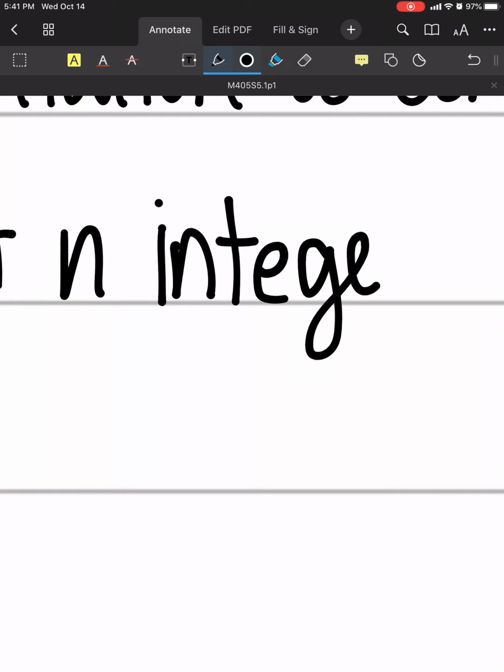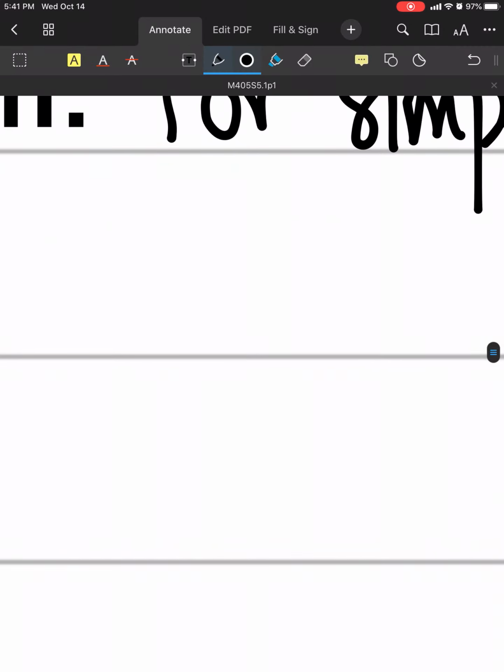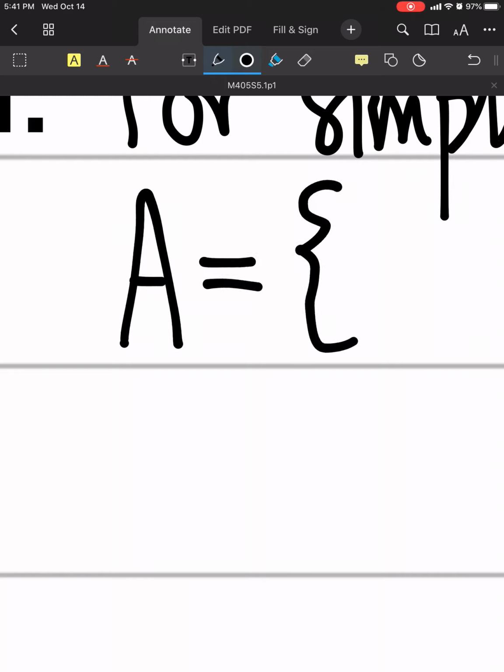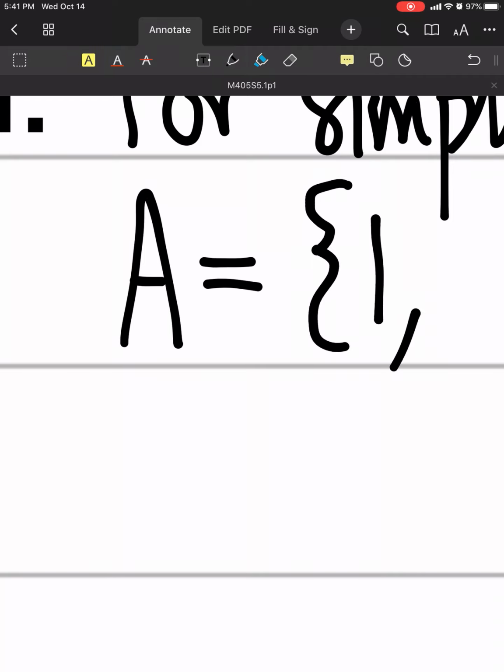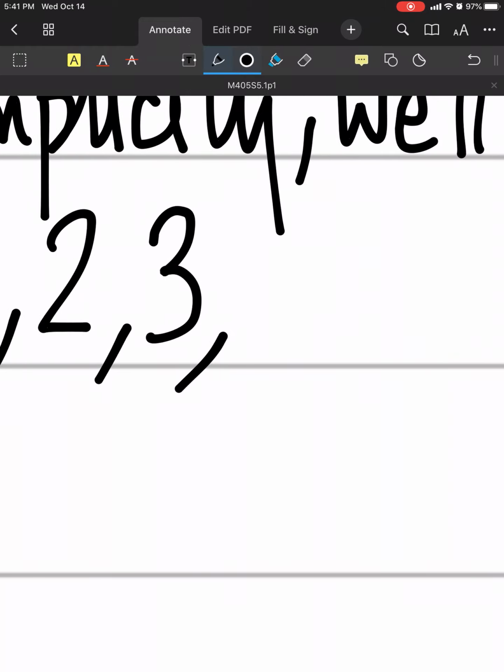So let's pick out a number of integers here. Since we had 4 letters above, I'm going to use 4 numbers here. So I'm going to say my set A is 1, 2, 3, 4. And like I said, we're almost always going to use 1, 2, and so on up to whatever n we want.